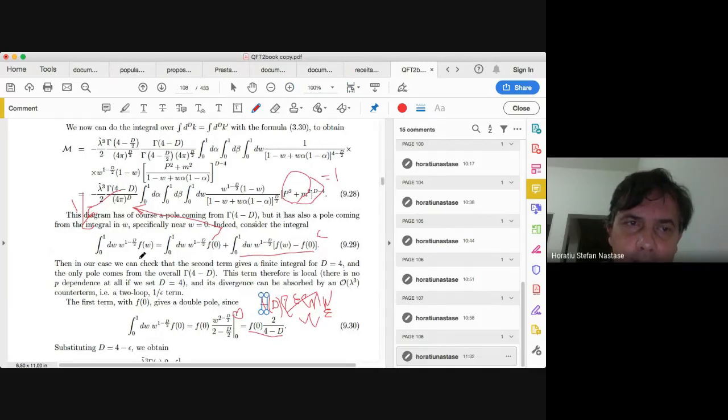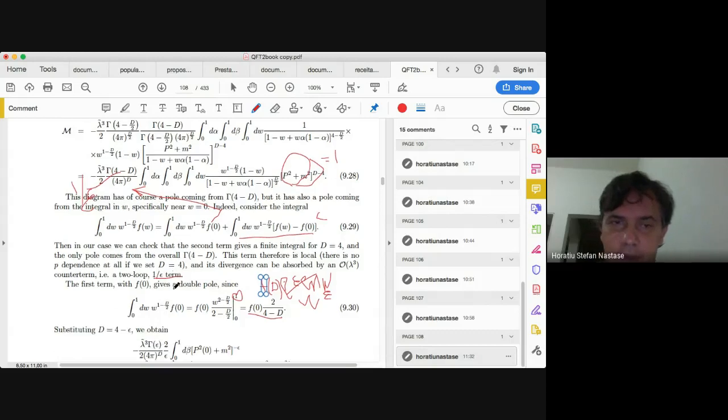So this is now just a 1 over epsilon local divergence. So I have a 1 over epsilon squared constant divergence and a 1 over epsilon local divergence.